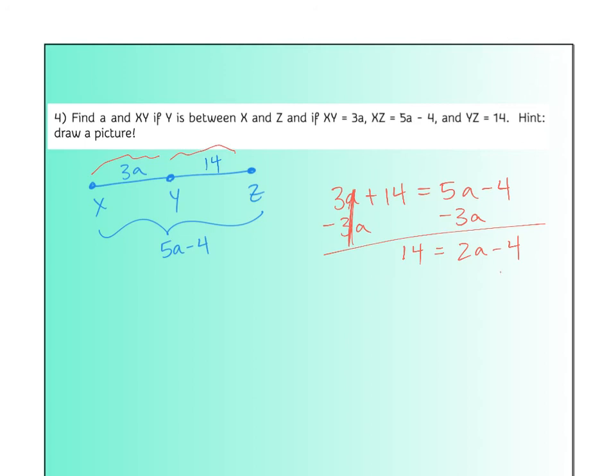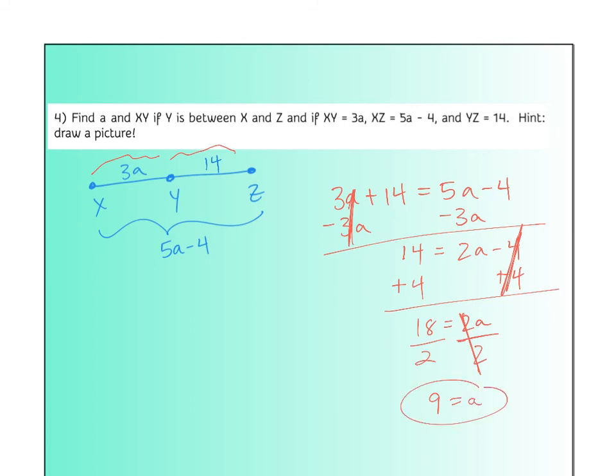It is a minus 4, so I have to add it to get it to the other side. I have to do the opposite. These cancel out. So now I have 18 equals 2a. Get rid of the coefficient, so it's 2 times a, so I'm going to divide by 2 to undo it, and then I wind up with 9 equals a.